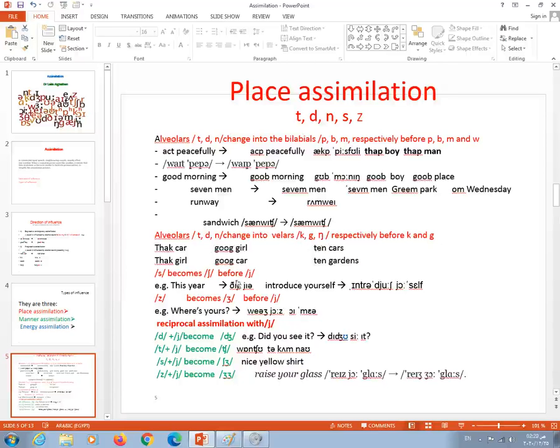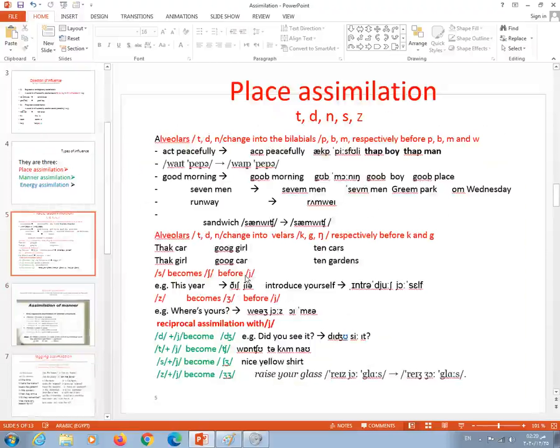Okay. Yes. Now let's move on to the second couple, which is s and z. It's a very easy job here because s changes or becomes sh before ya. Very easy example.